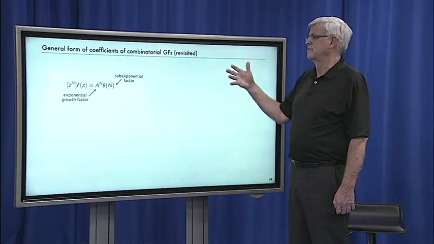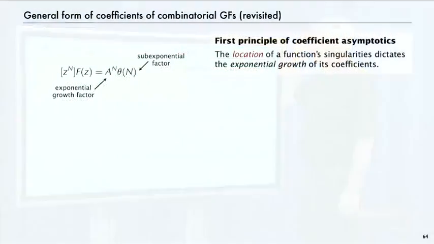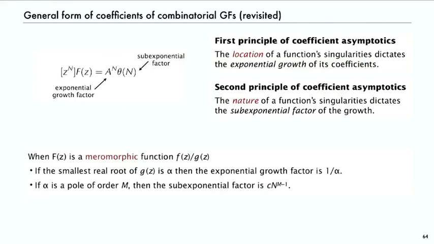So just in terms of the general form of the coefficients that I talked about at the beginning of this lecture, the first principle of coefficient asymptotics is the location of the singularities tells us the exponential growth, and the second one is the nature tells us about the sub-exponential factor. For meromorphic functions, if the smallest real root is alpha, then the exponential growth factor is 1 over alpha.